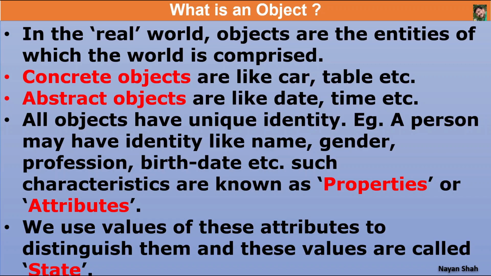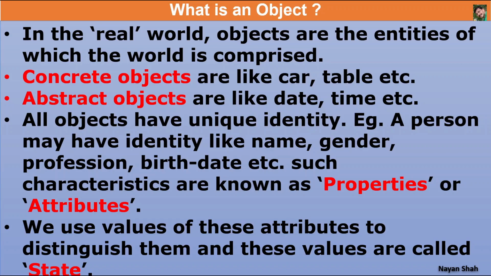We use values of these attributes. Values of these attributes means values of name attribute, gender attribute, profession attribute, birth date attribute. We use values of all these attributes to distinguish them, and these values are called state of the object. So there are many things now in this slide. First, what is an object? In the real world, objects are entities which the world is comprised of.